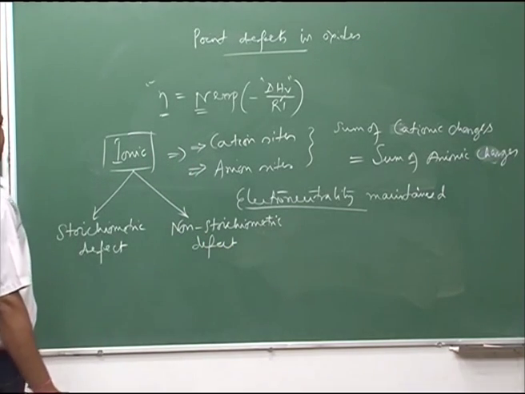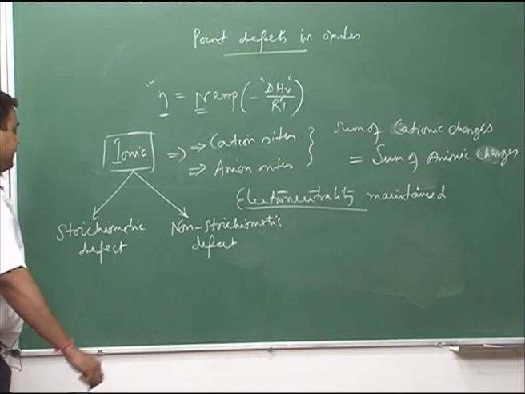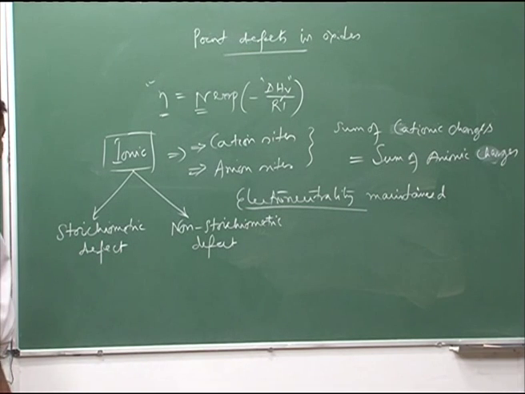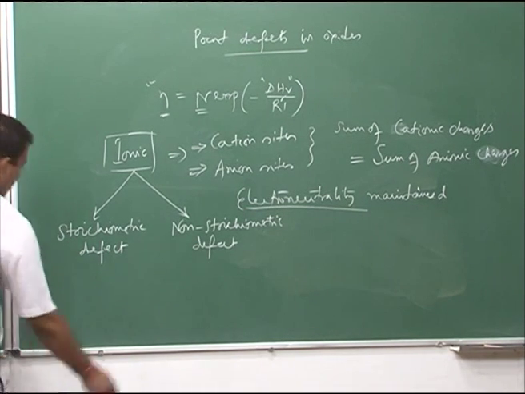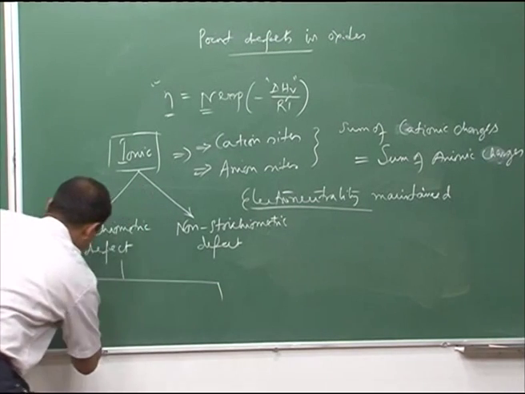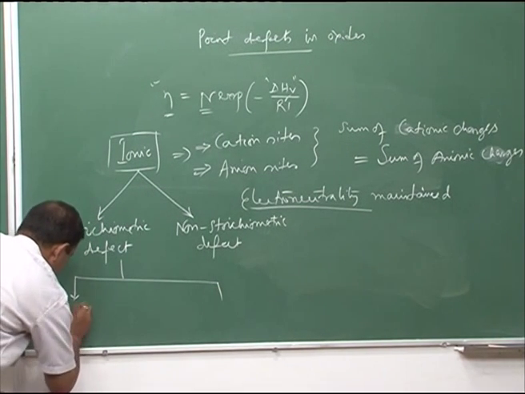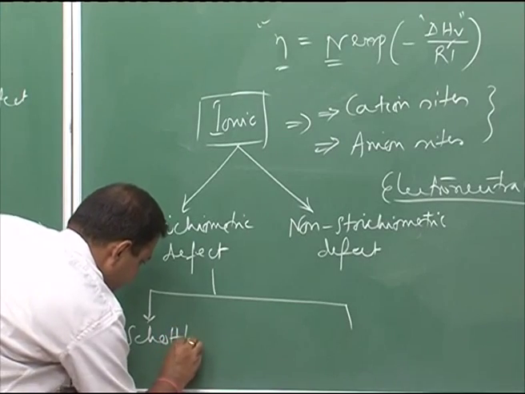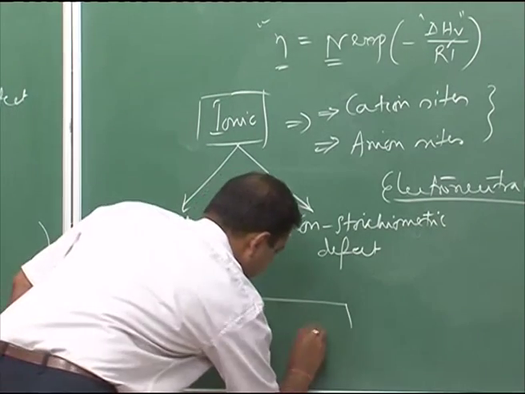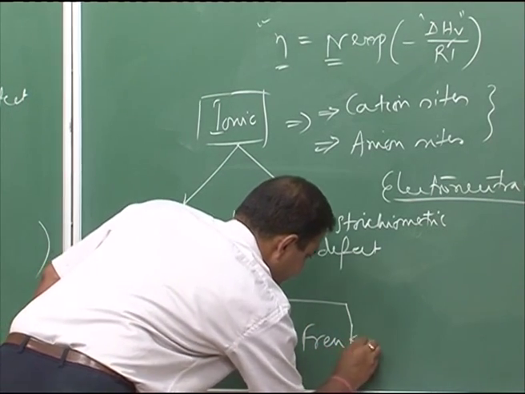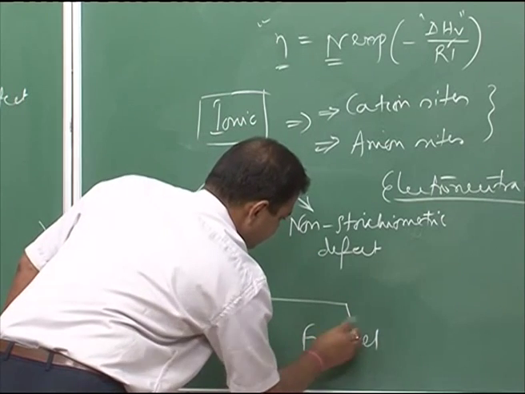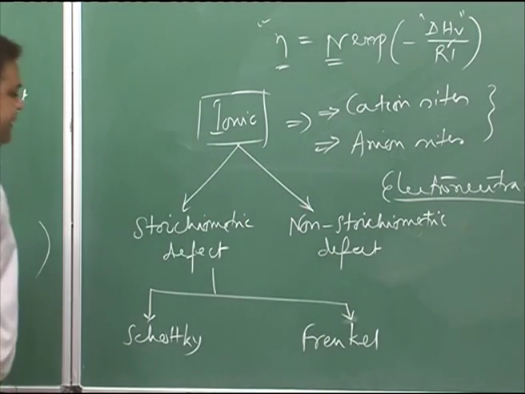In stoichiometric defect, there are two major defects: one is Schottky and another one is Frenkel defect.